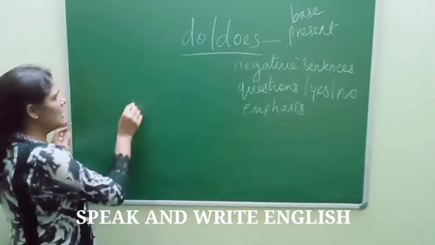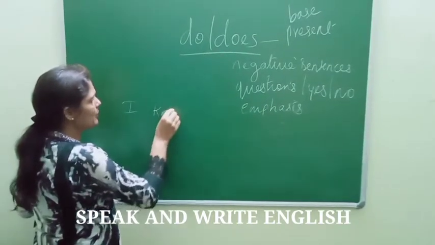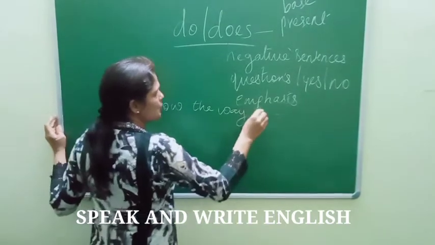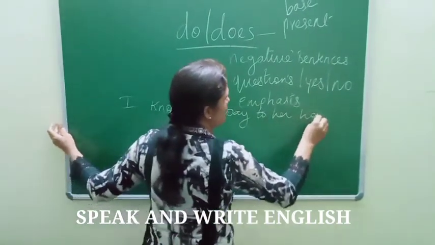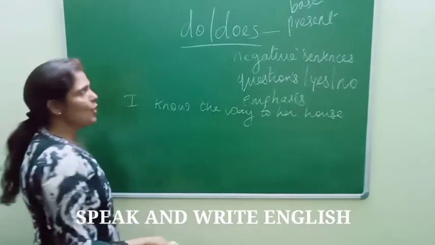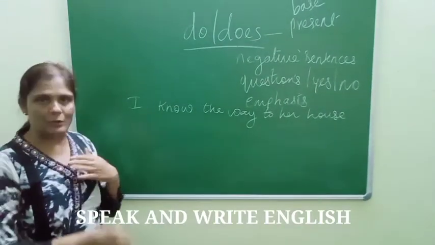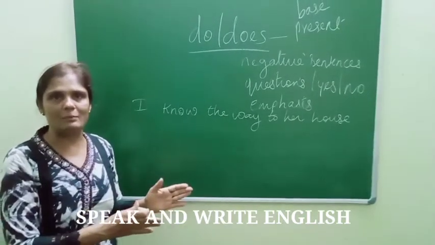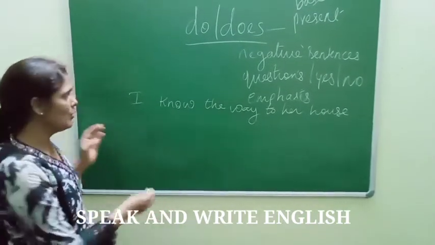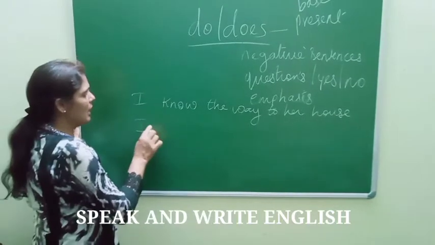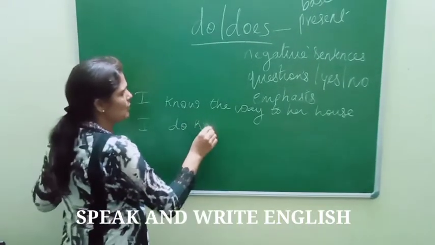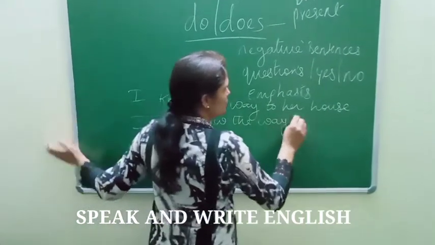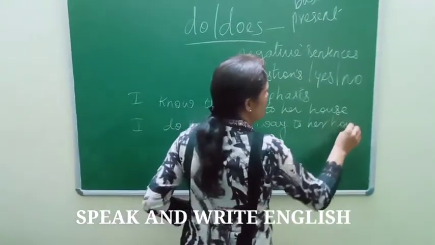For example, I know the way to her house. That means I know the way to her house. But if I want to emphasize on this statement that I know the way to her house, you can make use of I do know the way to her house.